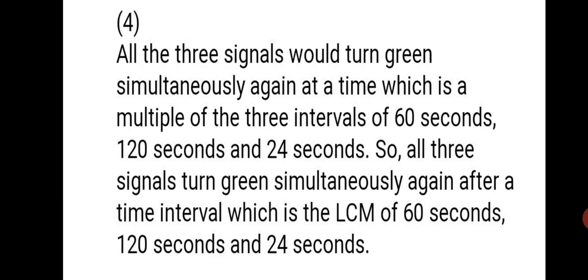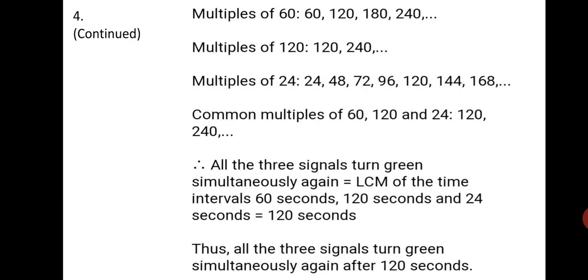So let's find the multiples of 60, 120 and 24. Common multiples of 60, 120 and 24 are 120, 240 and so on. We need the first one, so you can stop at the first one itself, which is 120.